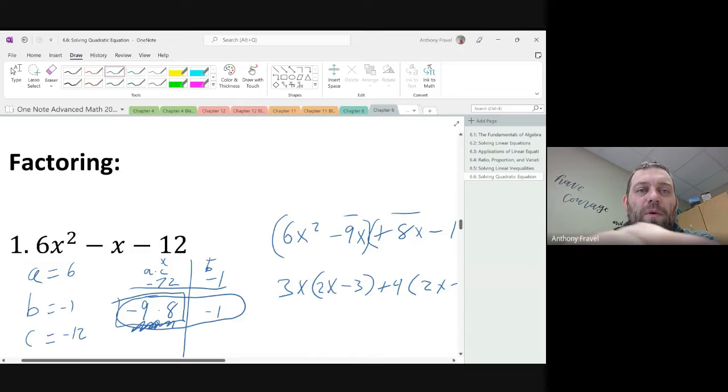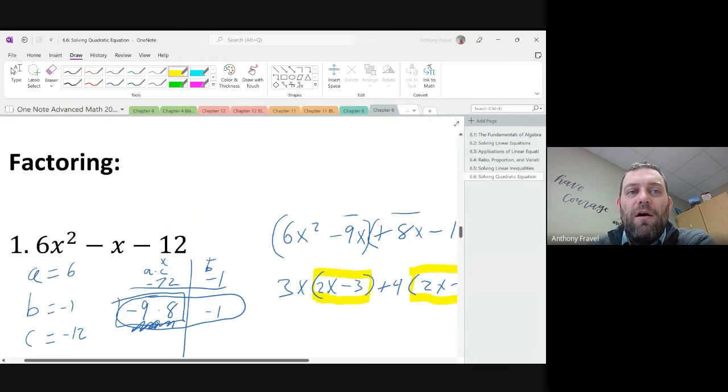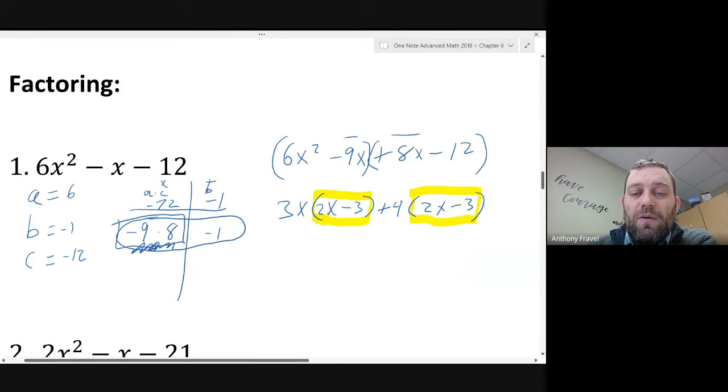All right, the part that I want you to notice, when we just got done doing that, once we pulled it out, we're going to look and see what's inside these parentheses. This one and this one should be identical. If they are identical, we did it right. Okay, in this case, they are identical. So what I'm going to do is take the term that was in front of it and the other term that's in front.